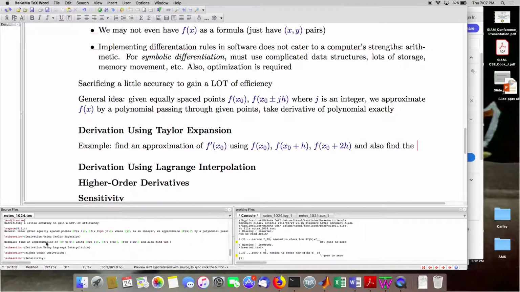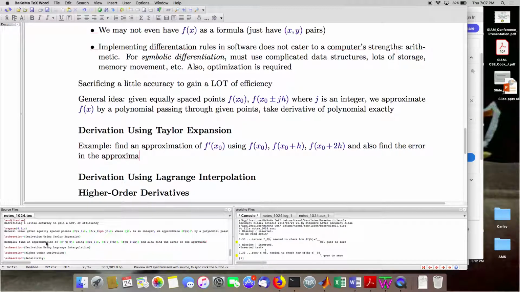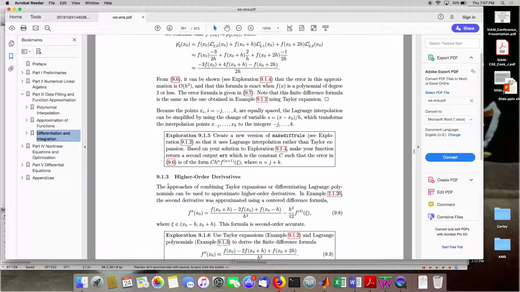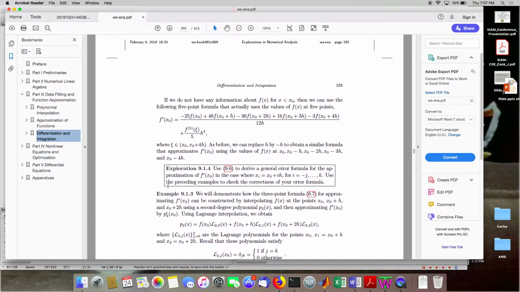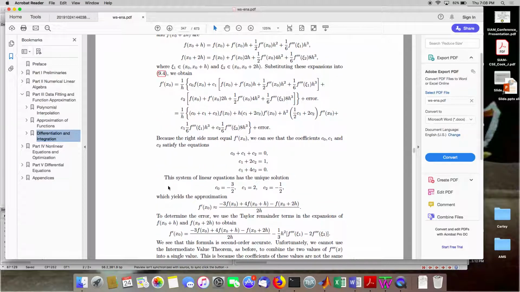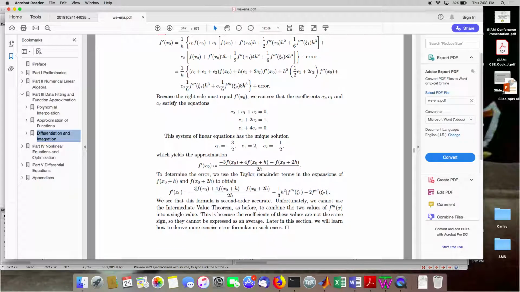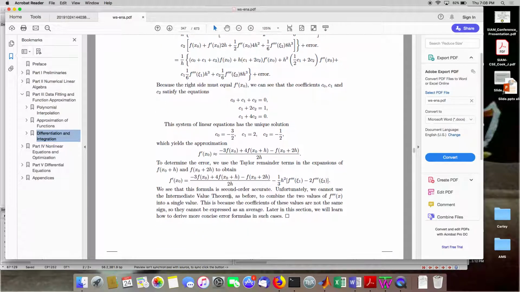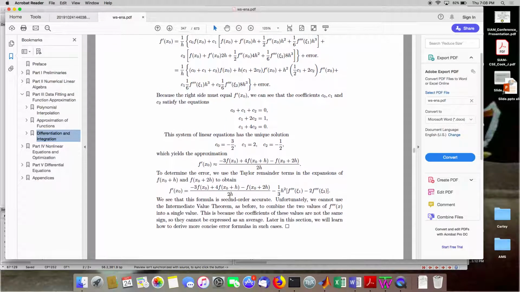And also find the error in the approximation. Okay, and this goes to an example in the text, but I'm going to work through the whole thing.